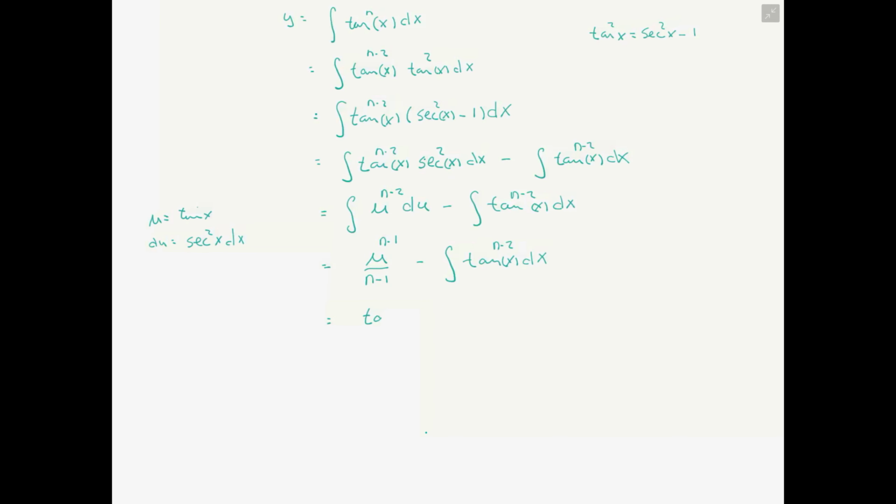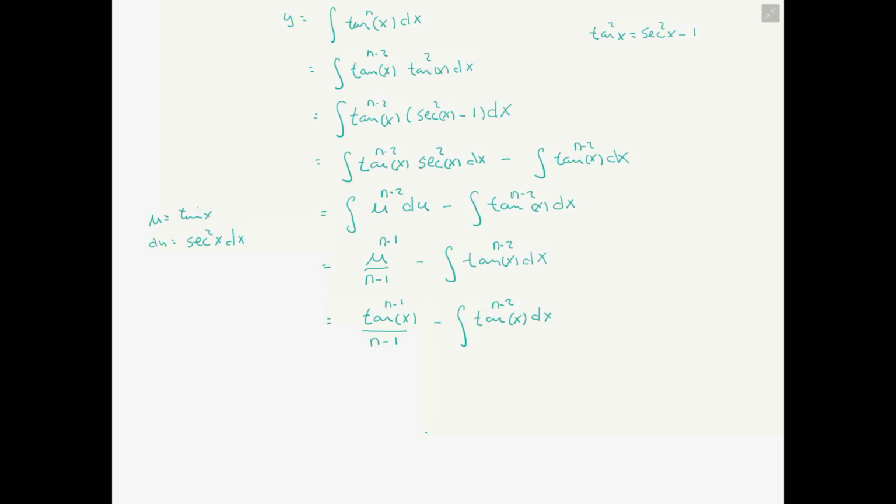Now, we just use our regular polynomial formula, and that's u to the n minus 1 on n minus 1 minus the integral of tangent n minus 2 x dx.